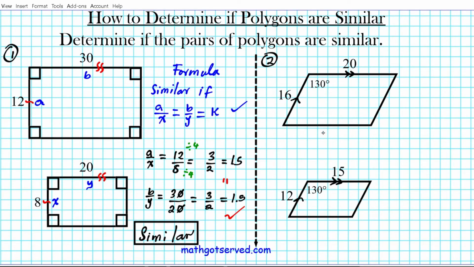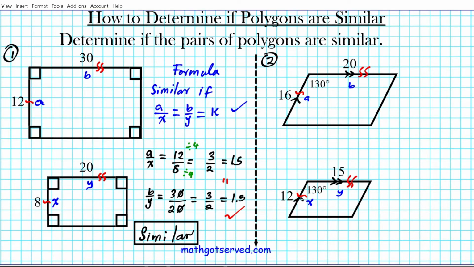Corresponding sides: this side right here corresponds to this side, so let's call this side A, B on the bigger figure, and XY on the smaller one. For the top side, this side and this side are corresponding sides, they match each other.